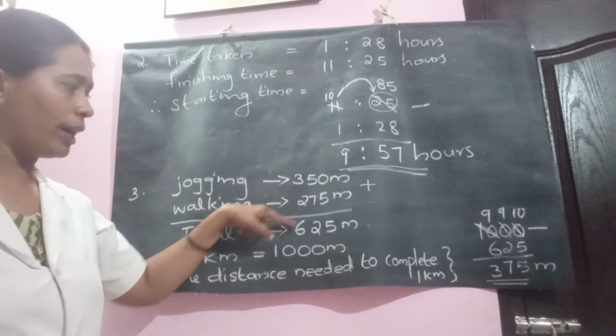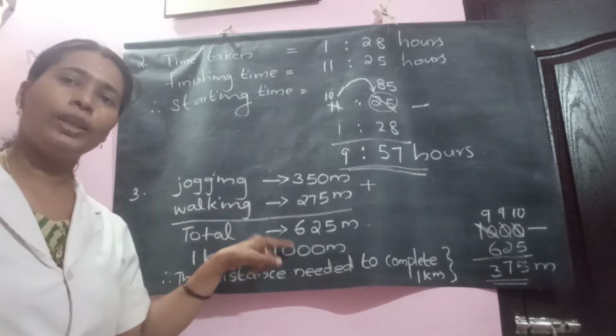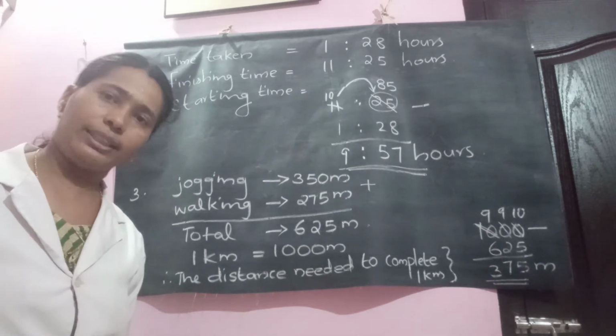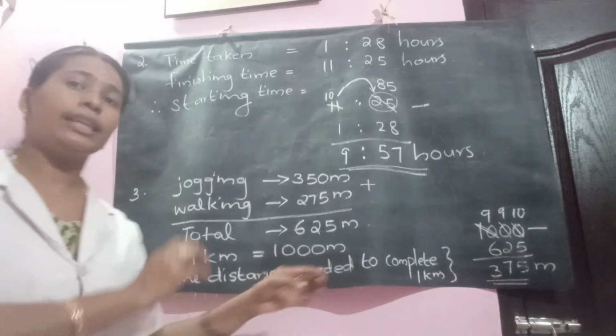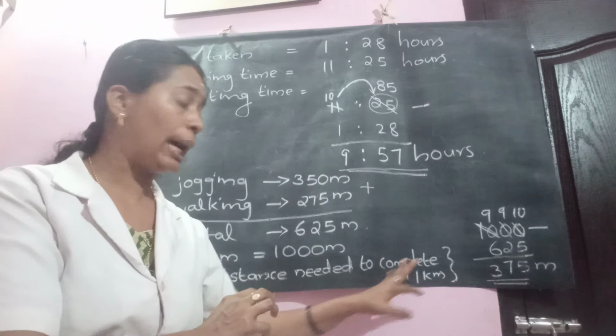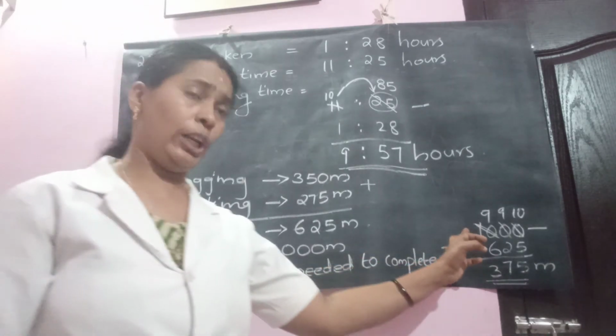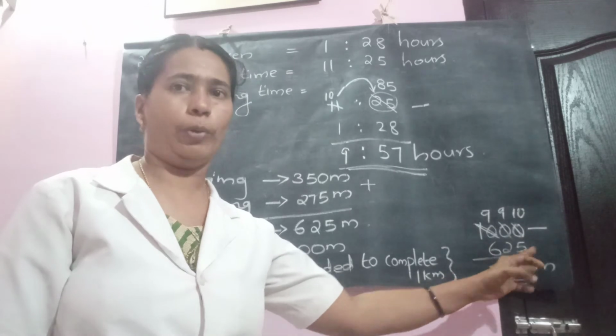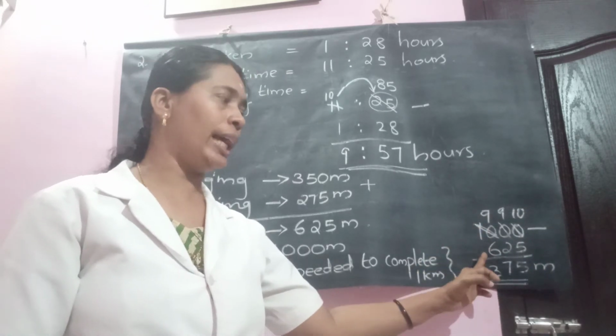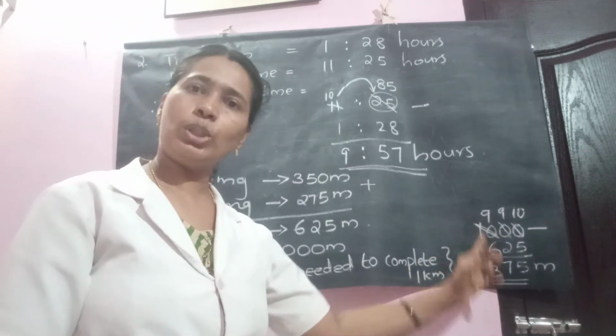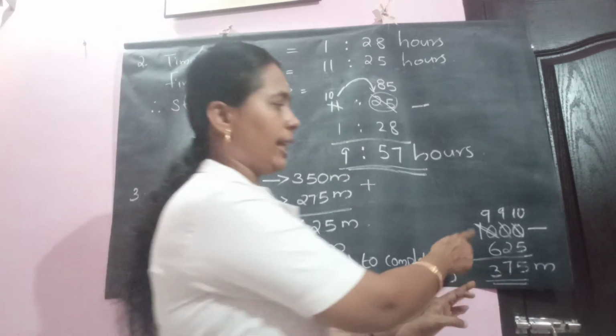Then what is the difference between these two? That is our required distance. So, the distance needed to complete 1 kilometer equals 1 kilometer as 1000 meter, 1000 meter minus 625. Usual subtraction of numbers. Teacher has taken borrow.